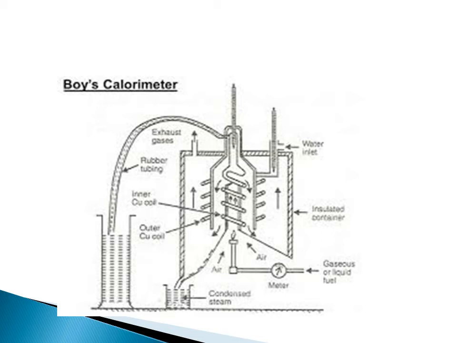T1 is the temperature of inlet water, and T2 is the temperature of outlet water. The whole assembly is an insulating chamber, so that there is no escape of heat into the environment. Whole heat generated is absorbed by the circulating water only.